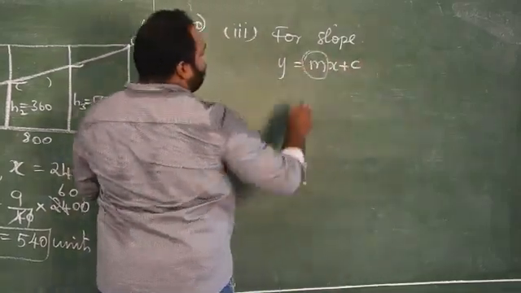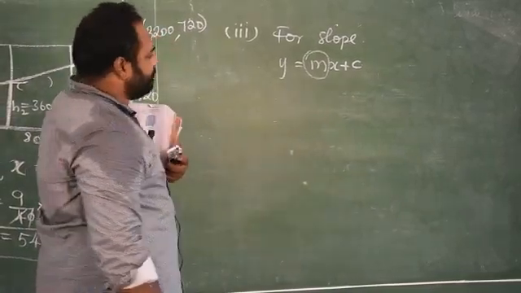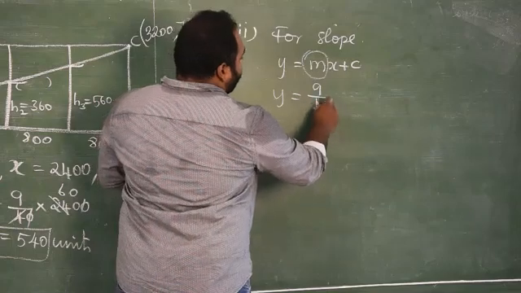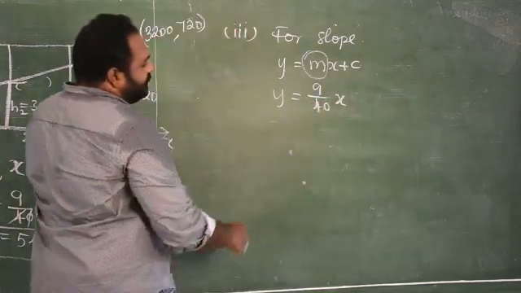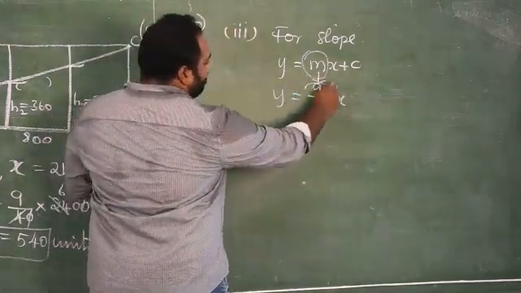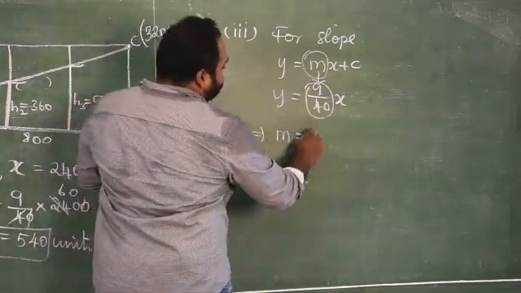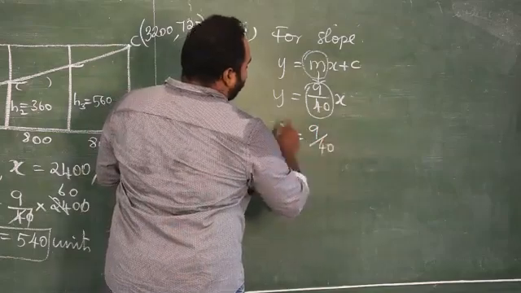Here the m value is called the slope of this equation. Here we have found the general equation y is equal to 9 by 40 x. Here instead of m we have 9 by 40. So the slope is 9 by 40.